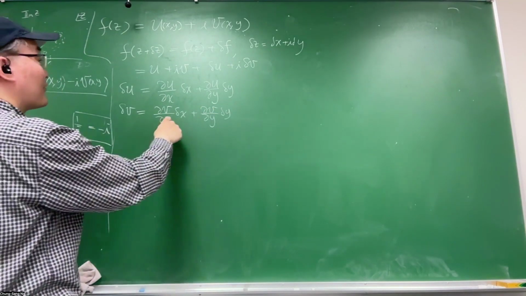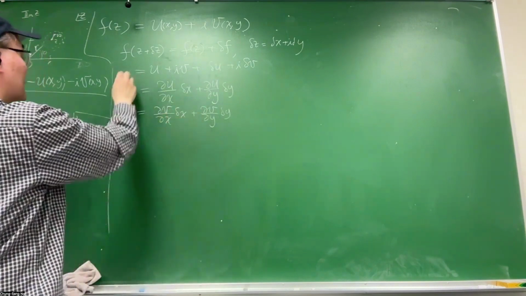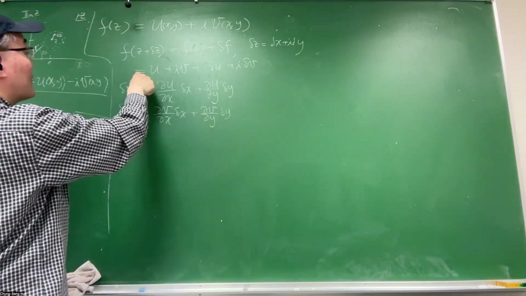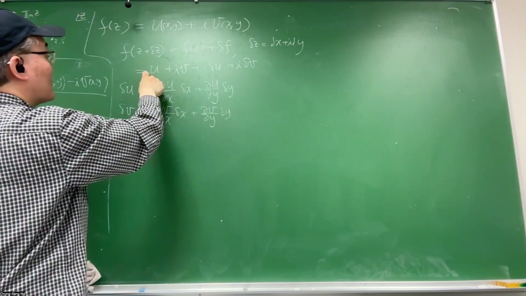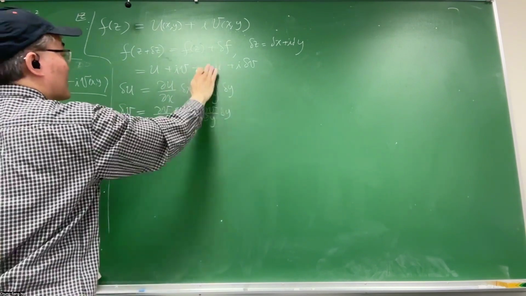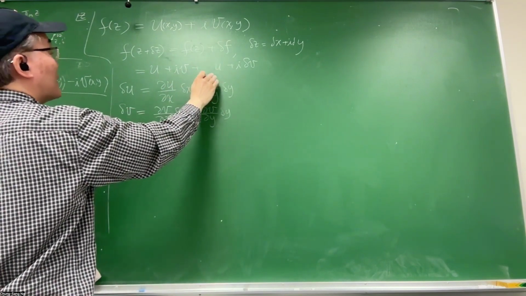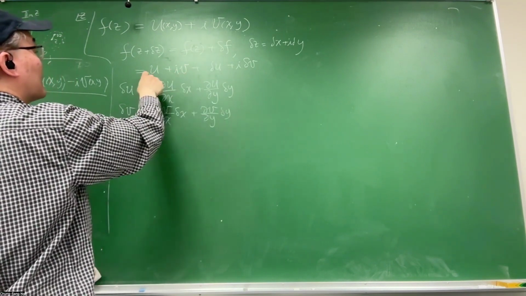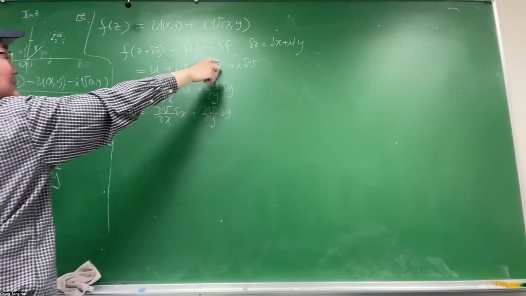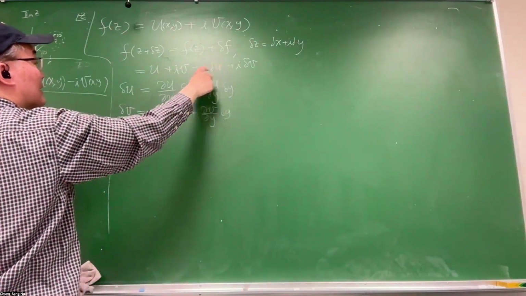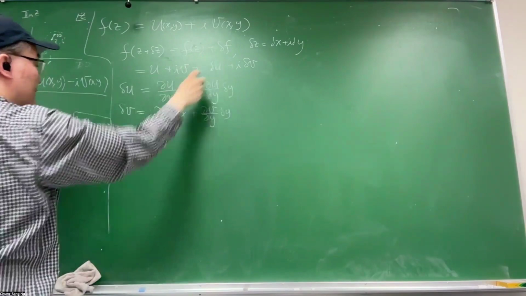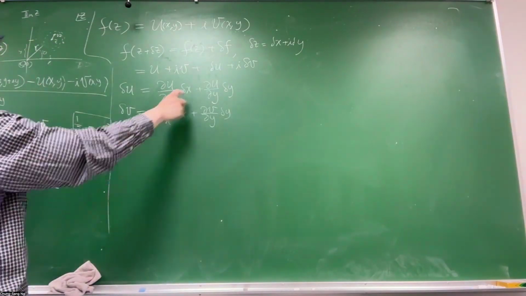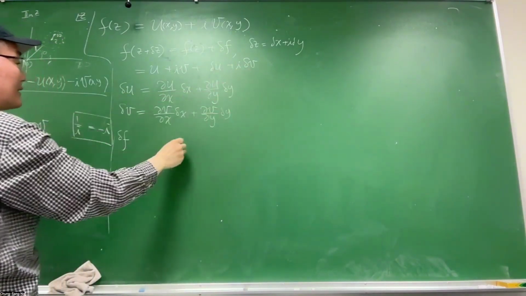Okay, now you substitute everything in here. So f is u plus i v, and this is delta f, this is delta u. And so you can just write delta f as delta u plus i delta v.